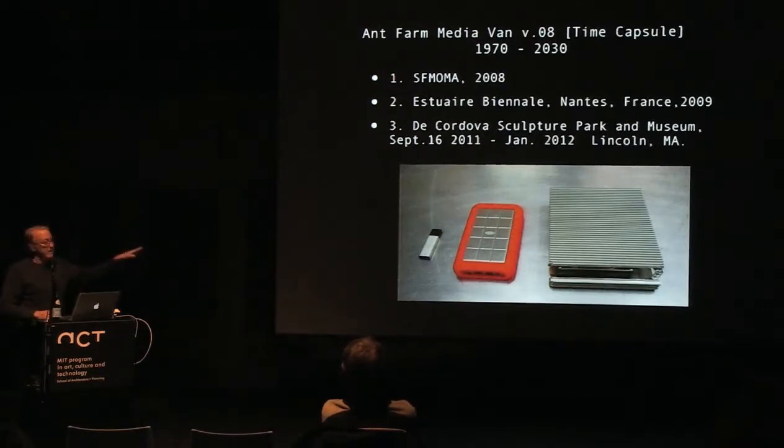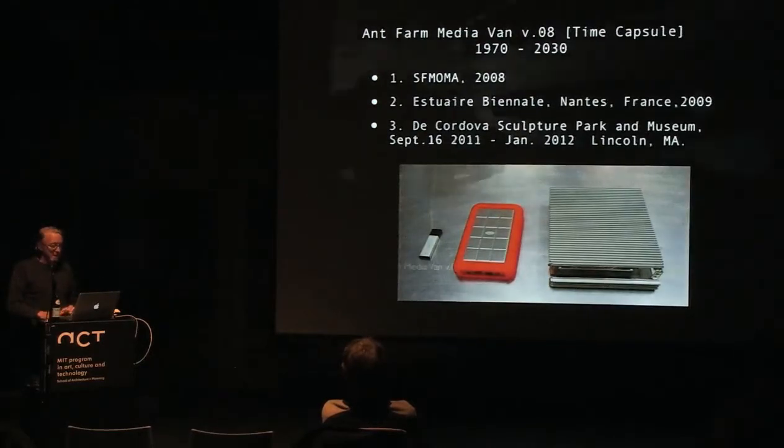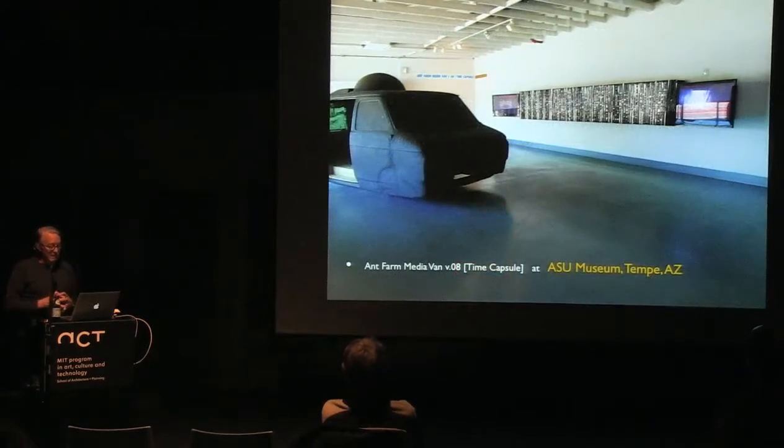And of course, the digital archive gets smaller. Now it fits onto a thumb drive, as pictured there. And it's currently at the Arizona State University Museum in Tempe, where it's also being exhibited with the SFMOMA Time Capsule Triptych.